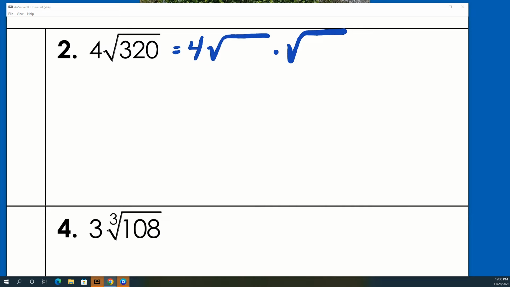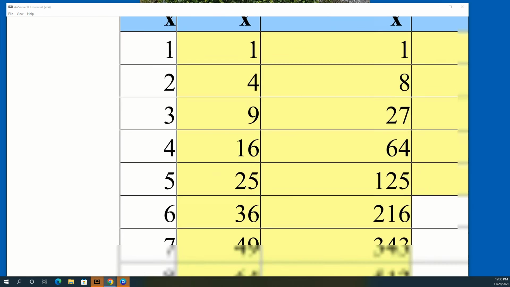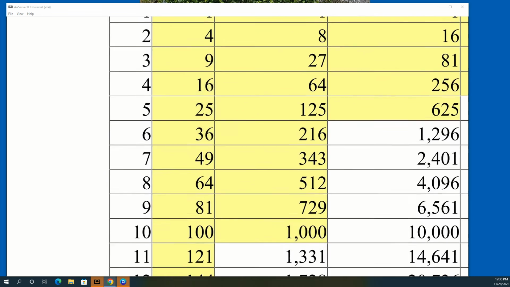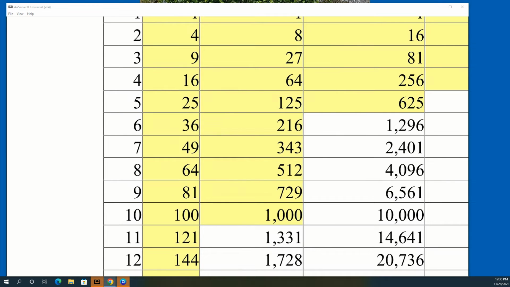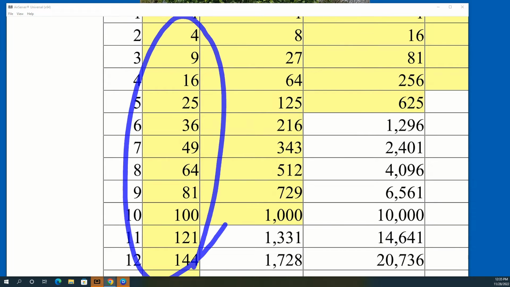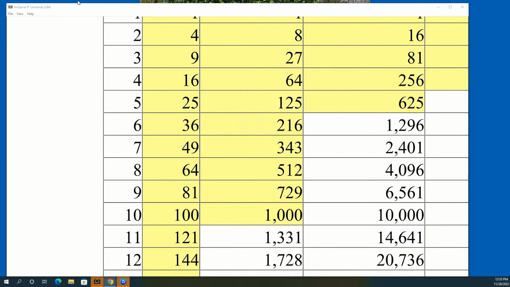So what we want to do is find a perfect cube that divides evenly into 320. Not perfect cube, sorry. Perfect square. All right, so I am just looking at the perfect square column. I'm not looking at anything else.